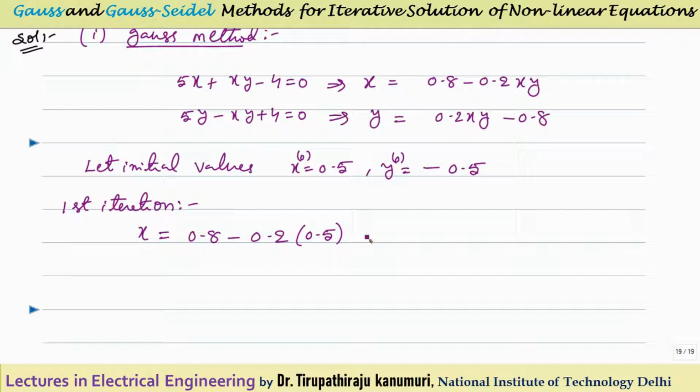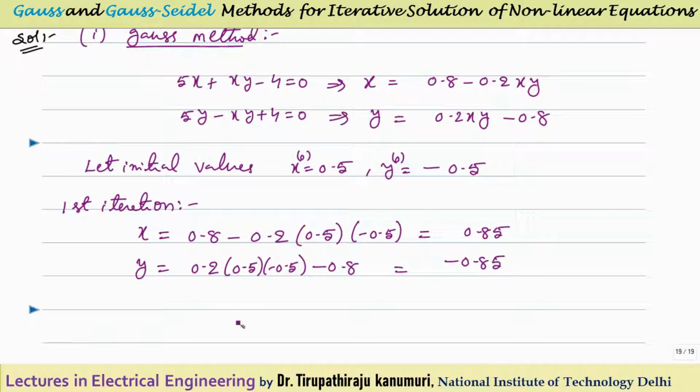So 0.5 multiplied by minus 0.5 gives x, and for y we again substitute x0 and y0 only. This will be 0.2 times 0.5 into minus 0.5, minus 0.8. When you substitute these values, because simultaneously we are taking the same values, you will get the answer as 0.85 and minus 0.85. So now we will go to the second iteration.